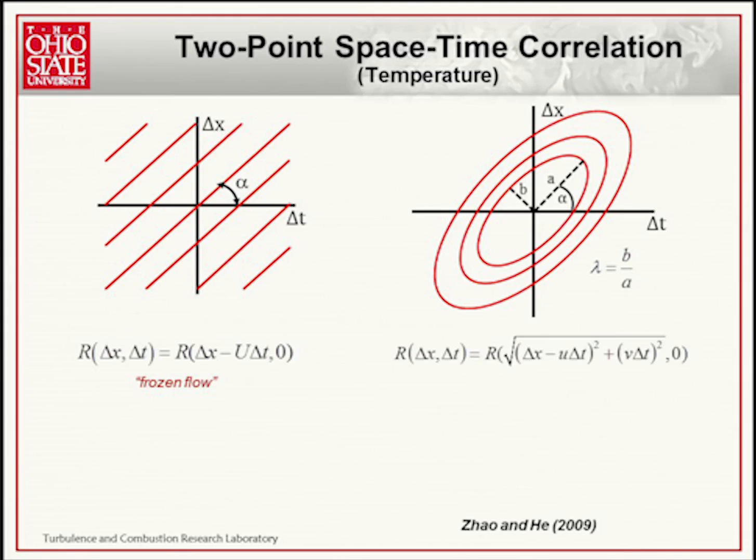And again, this is what was developed by Zhao and He, but it's a simple geometric representation of an elliptical contour. Let's imagine we define an ellipse, our minor axis, our major axis, and then we can look at the ratio. Well, then our correlation, or our transformation from space to time, can be broken down into two terms. We can change space and time, okay?